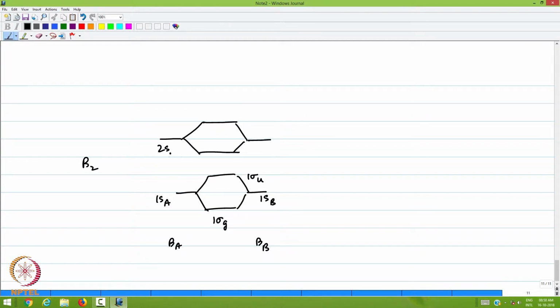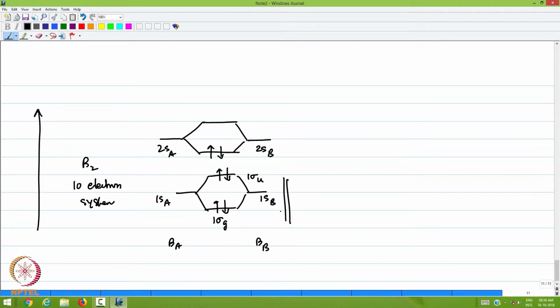This is 2s A, this is 2s B. In the case of boron, of course, we have to continue to fill all these things. It is a 10 electron system. This is the increasing energy scale. These are deep down, these are core electrons, not to be seen in most chemical bonding properties of boron.